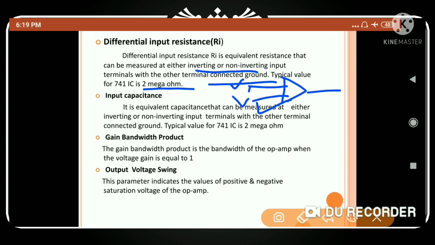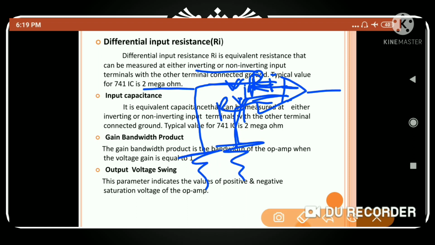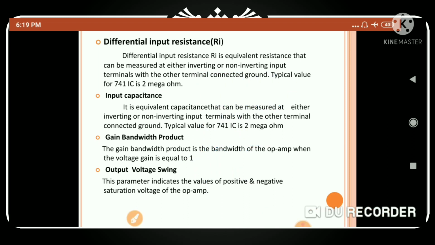If you want Ri at V1, the non-inverting input, then V2 should be connected to the ground. If you want Ri at the inverting input, then the non-inverting one should be grounded. This is differential input resistance.